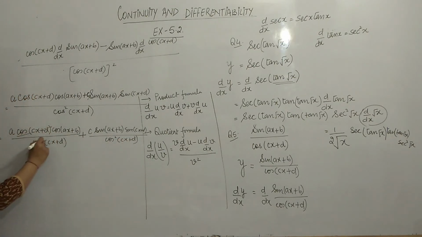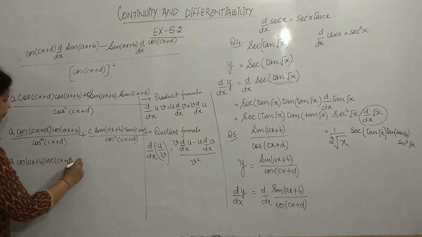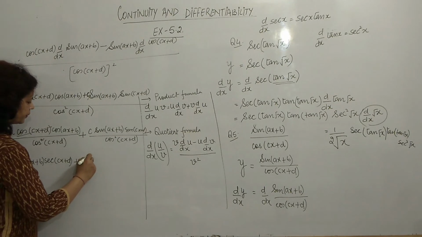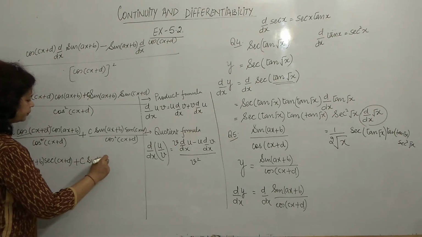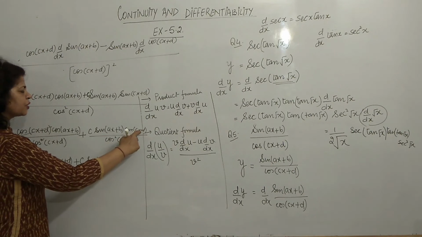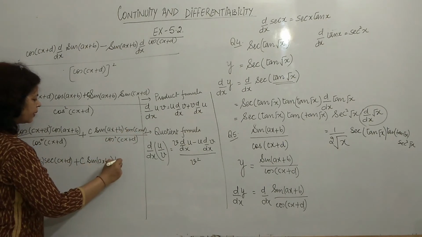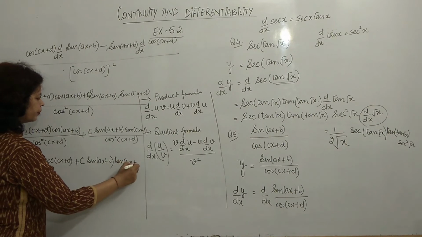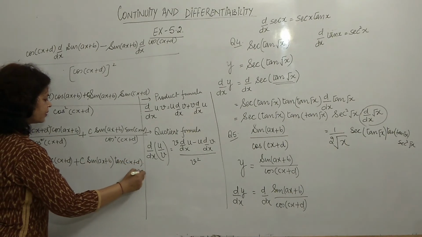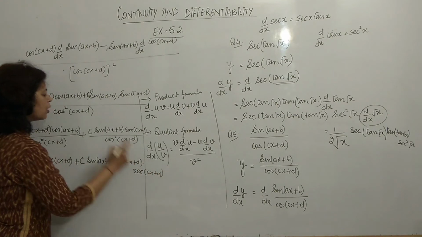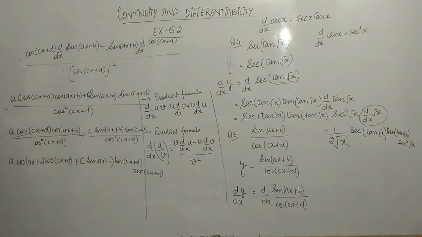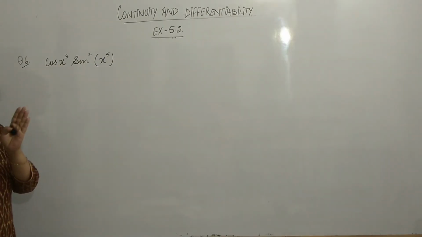This cos cx plus d and this cos will cancel out. a cos ax plus b into sec cx plus d plus c sin ax plus b. Look carefully, sin cx plus d and 1 upon cos cx plus d will become tan cx plus d into sec cx plus d, because 1 upon cos cx plus d will become sec cx plus d. That's all.